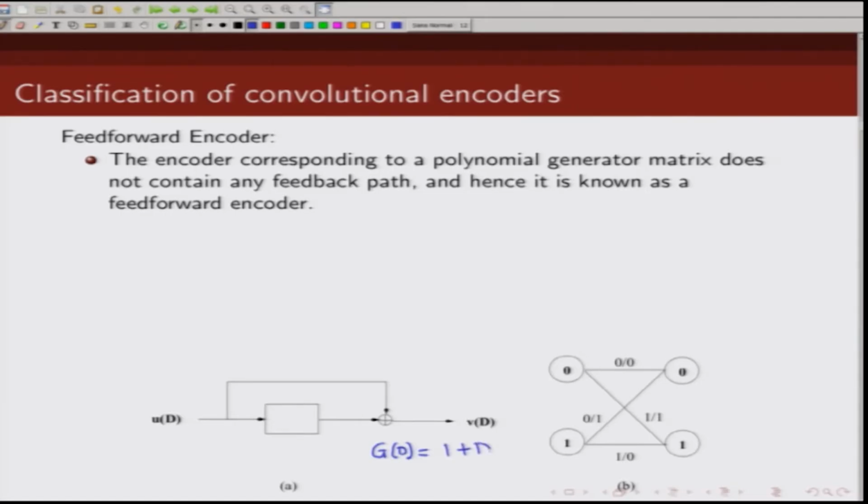1 plus D. Note here, the generator matrix is a polynomial generator matrix, as opposed to a rational generator matrix, and there is no feedback from the output to the input side. You can see basically the output depends on the current input as well as the input one past time instance. So, there is no feedback from the output to the encoder side, and this is an example of a feed forward encoder.